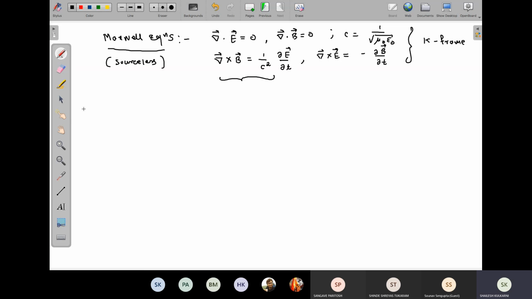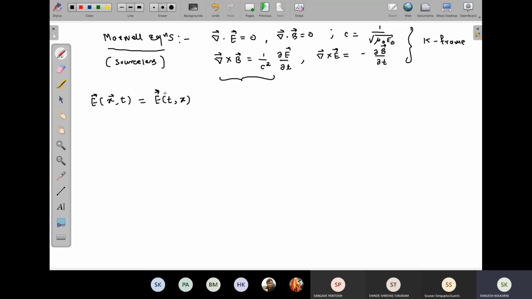I will choose my electric field just for simplicity; you can do the general case too, but there is no point. The electric field depends on space x, y, z, and time. Suppose it depends on time and on the x coordinate, but not on y and z.